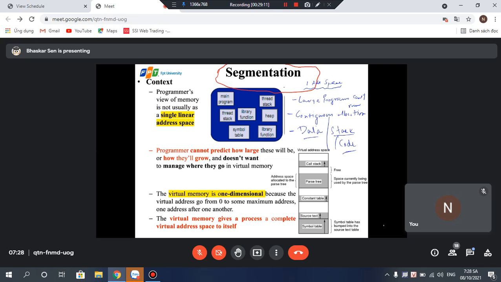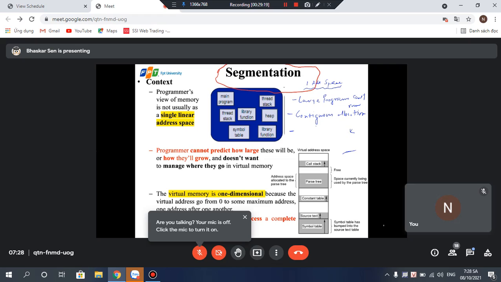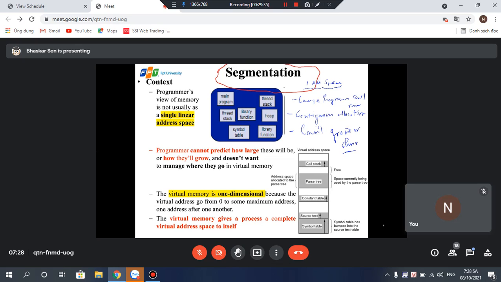So what does it mean? In turn, it means that none of these sectors can actually grow or shrink in memory.